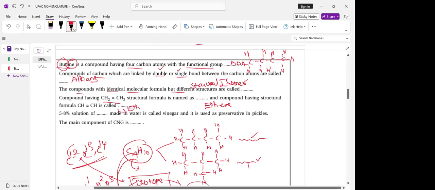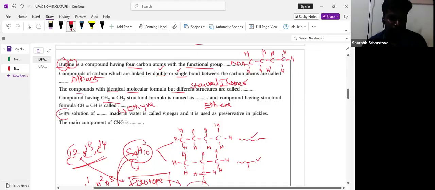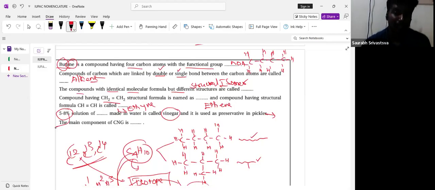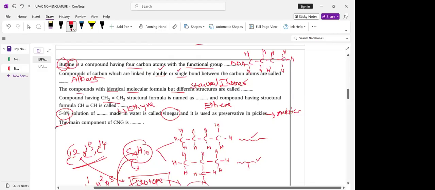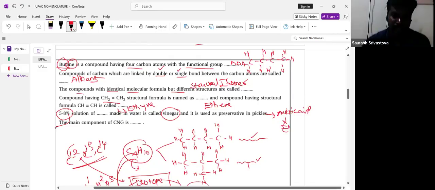YNE. Ethyne. That's it. 5 to 8% of the solution of dash is called vinegar. This one is the acetic acid. Vinegar we are using as a preservative of pickle or of materials. So that is called acetic acid or ethanoic acid, CH3COOH.